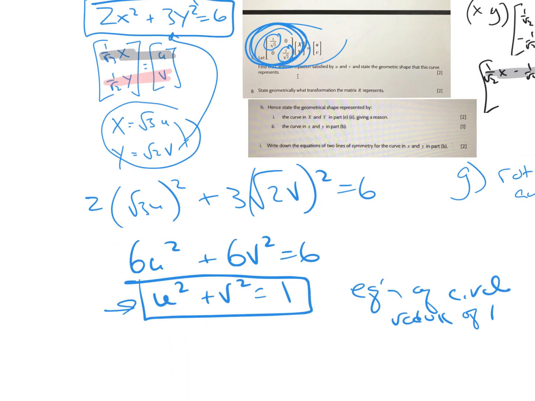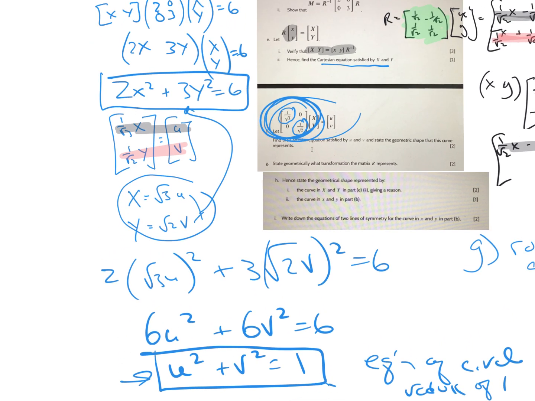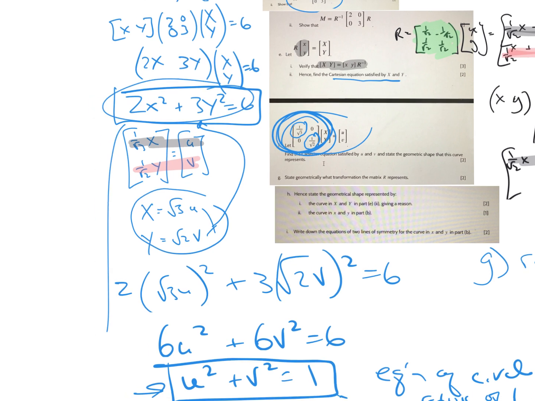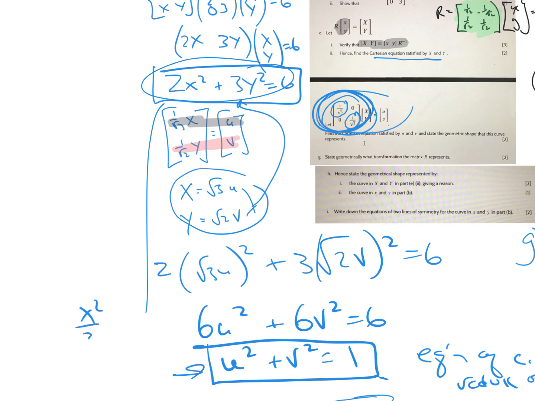So I end up with a circle stretched one way with x and another way with y. I also recognize this form of an equation, which if I divide by 6 is x squared over 3 plus y squared over 2 is equal to 1. That is an equation of an ellipse. But I can get that by looking at this matrix down here, by the fact that it's stretching x and y differently.